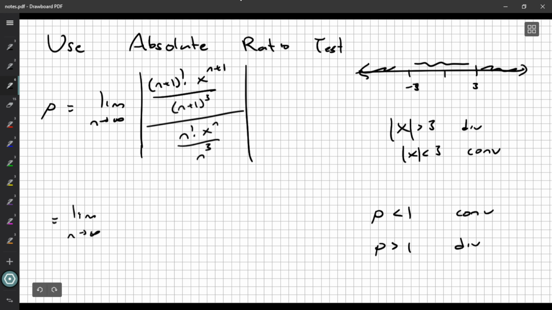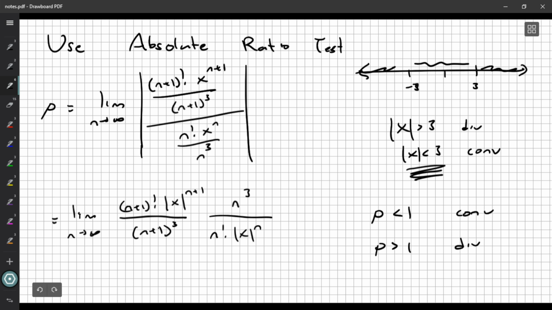Now the factorials and the cubes are all going to be positive, because eventually the n values are all positive, so we can leave them alone. We don't know about x, so we're going to have absolute value of x hanging around, which is good, because eventually we want something like that. So invert and multiply.